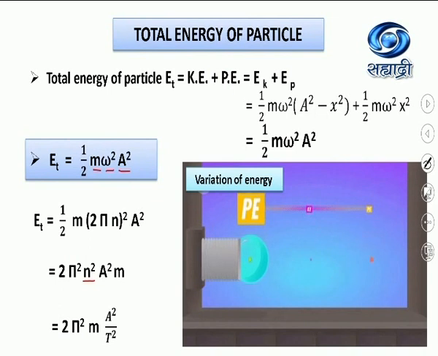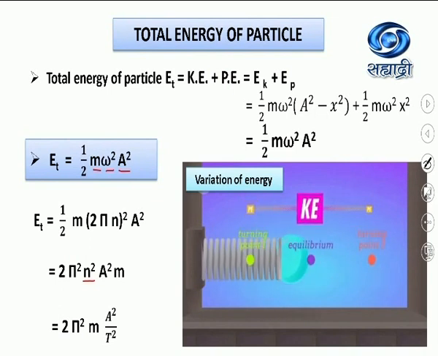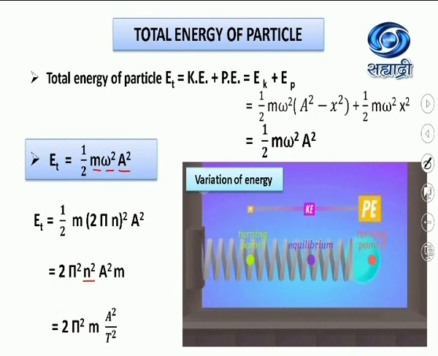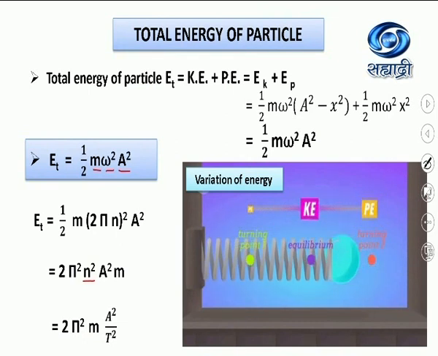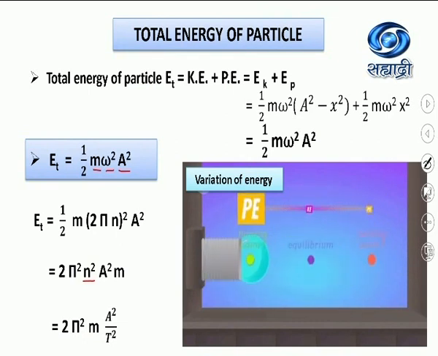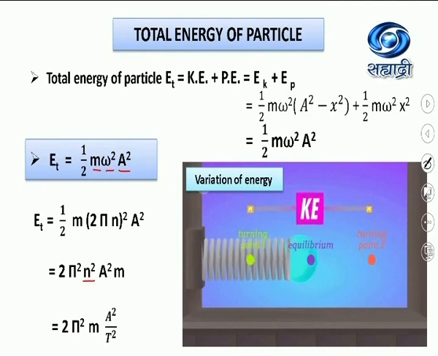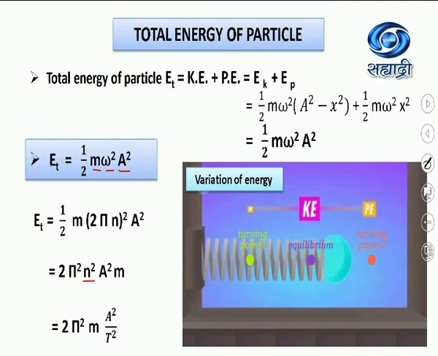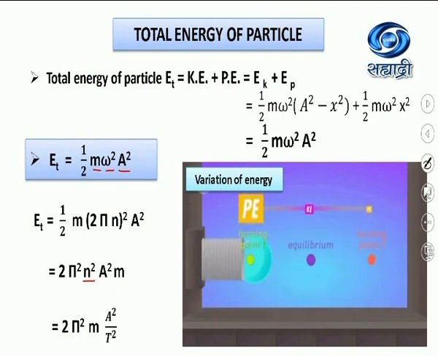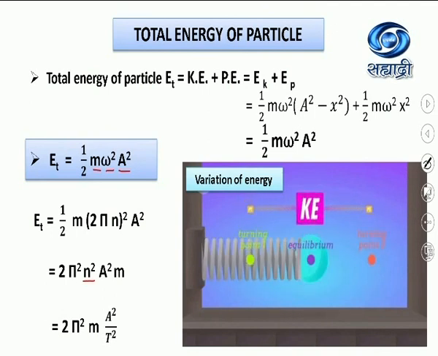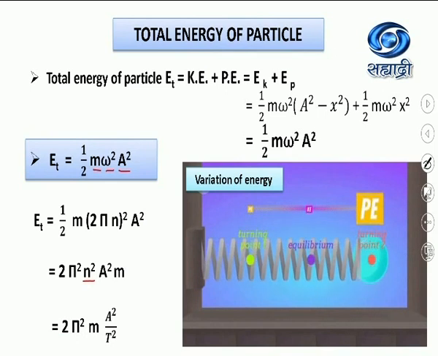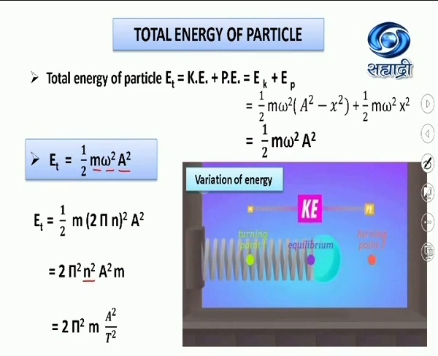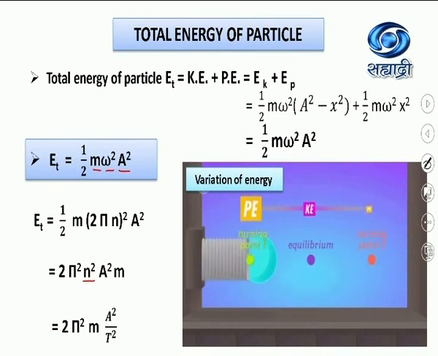On the other hand, when the particle reaches any of the extreme positions, then the potential energy of the particle becomes maximum. So conclusion wise, we can say that the kinetic energy is maximum and potential energy is zero at the equilibrium position.